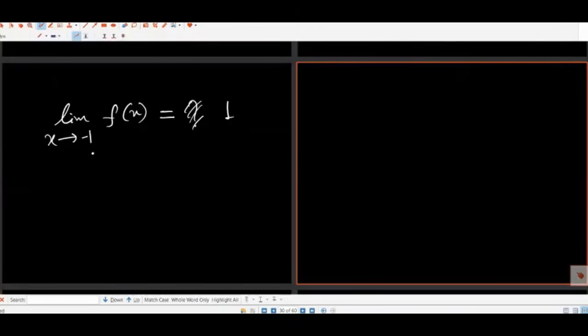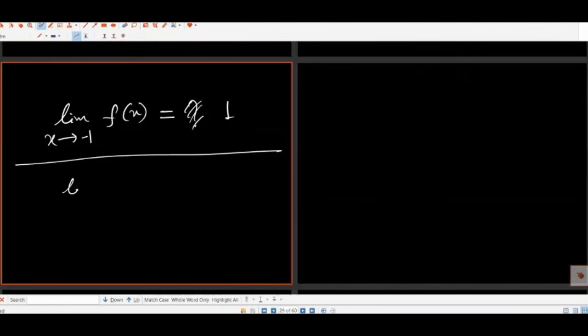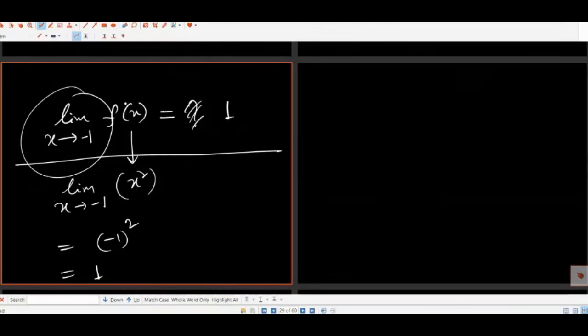We can calculate it this way: f of x is x squared, so this is equal to -1 squared. That means where we have x, we are plugging in -1. This is going to be 1. So you can see that the limit of f of x at x equal to -1 is a finite number, 1.